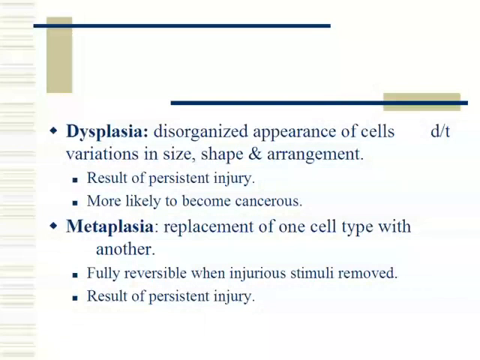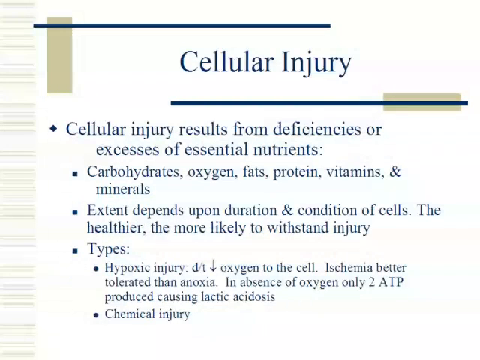This is a fully reversible process if it occurs due to injurious stimuli, when you remove that injury, that's the thing that's causing the stimulus. But if you don't remove that stimulus, it will result in persistent injury. Cellular injury results from deficiencies or excesses of essential nutrients.